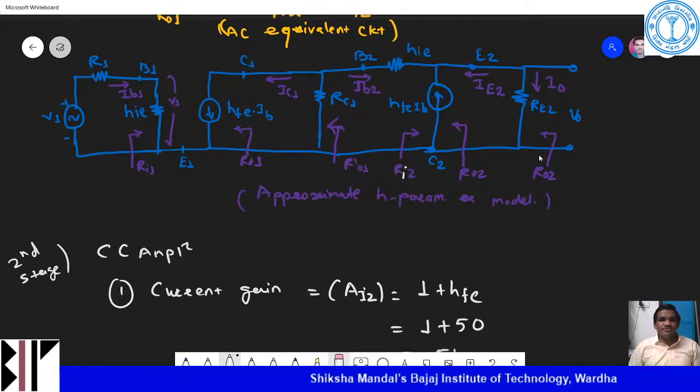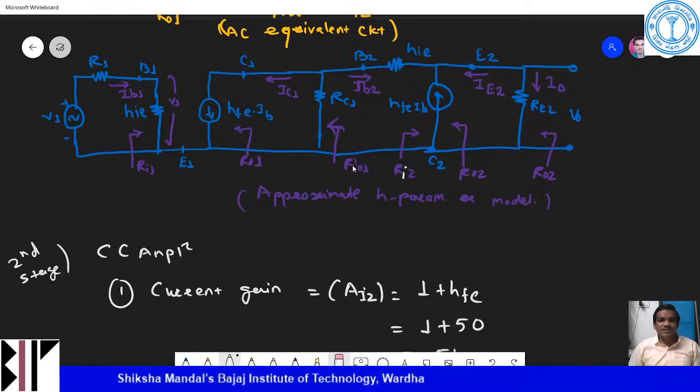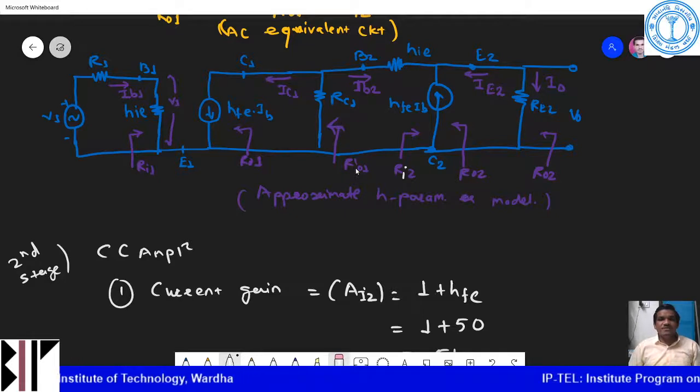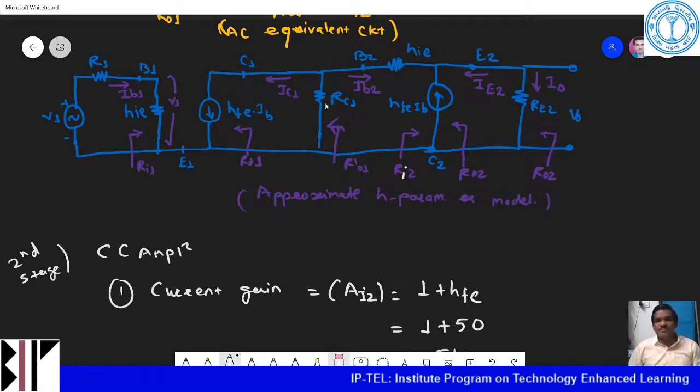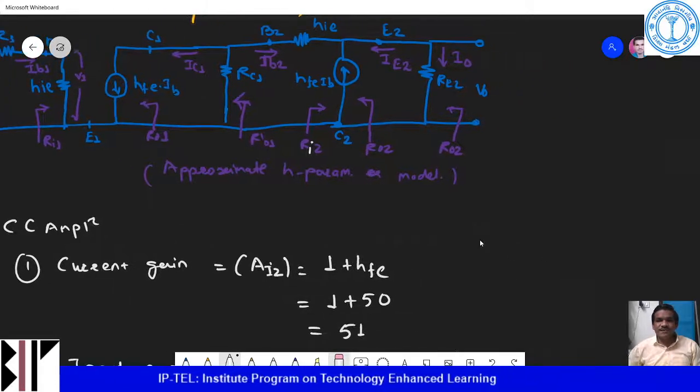First we will go one by one. First we will calculate R dash O1. What is R dash O1? R dash O1 is nothing but your RO1, which is in parallel with RC1.